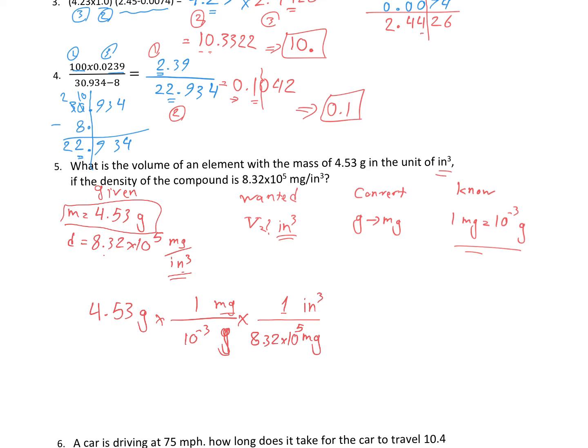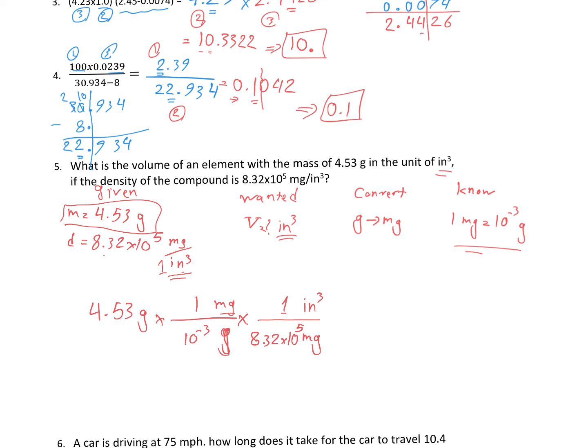I'm saying it again. The density is the mass over the volume. When we say the density is this number, it means it's 8.32 times 10 to 5 milligram in each cubic inch, okay? And that's true for all the units which are in ratio. It means that number with the top unit is in one of the bottom units, okay?